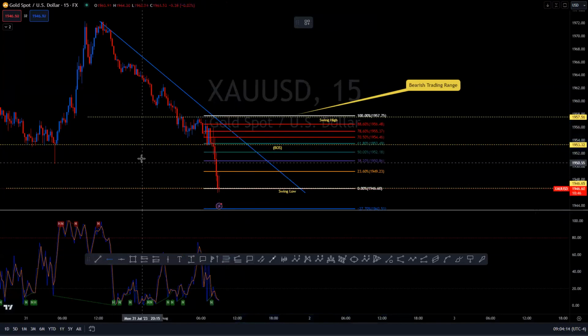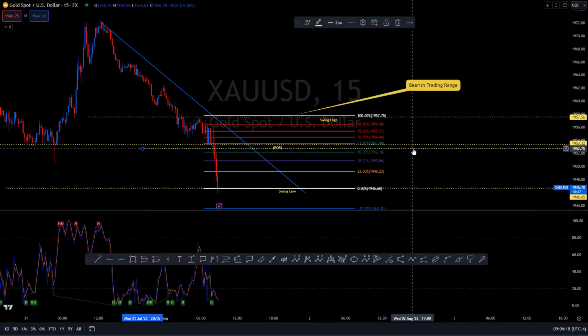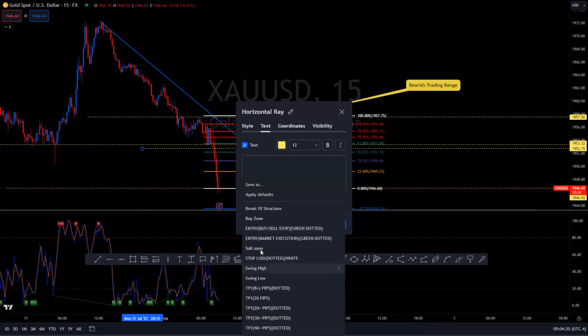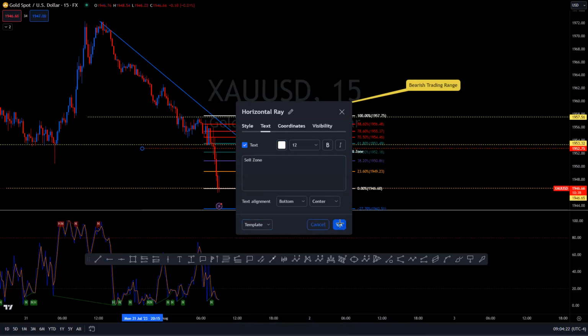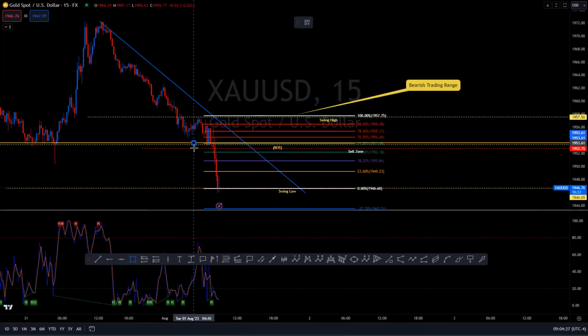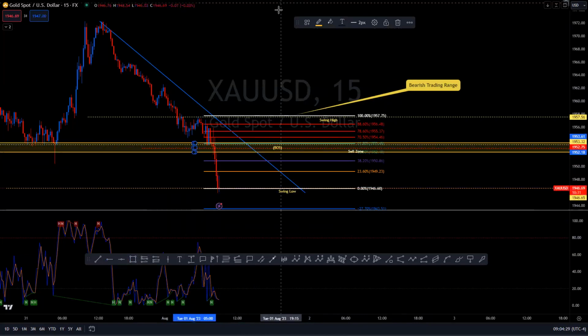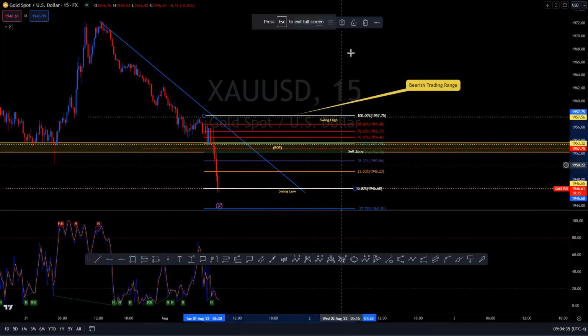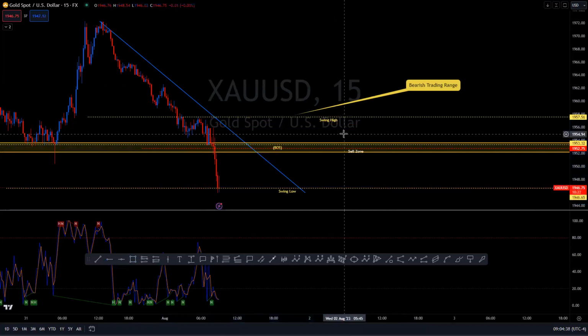So we're going to mark that 50% area here, and we're going to make this our sell zone. All right, and then we're going to mark it. So now we know where our 50% area is. It gives us more clarity as to how far price can pull back before it continues in that direction.